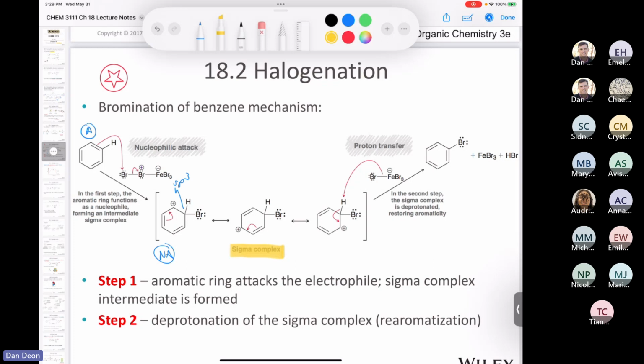And then in the last step we get a proton transfer between what's left over from our nucleophilic attack to restore aromaticity. So we go back to our aromatic ring and we make HBr and we replenish our FeBr3. So we keep making the iron 3 bromide over and over, and that's the catalyst for our reaction.